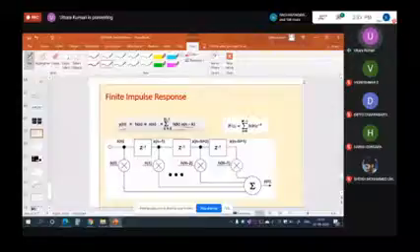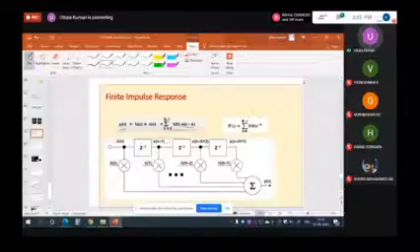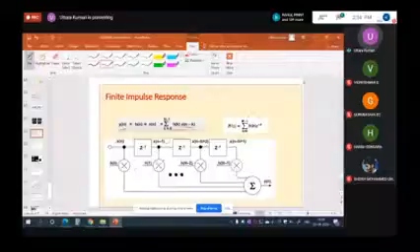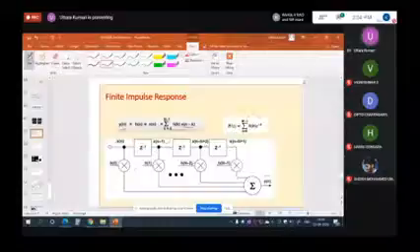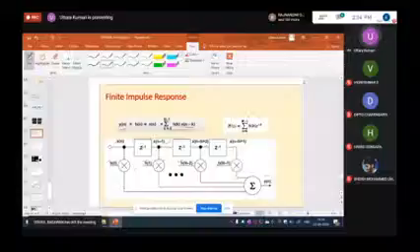Then x of n minus 1 passes through one z inverse term, giving x of n minus 1, x of n minus 2, and these are multiplied by different weights, h of 0, h of 1. When the same expression is implemented, you get this structure. This is an FIR filter structure, where we predefine these values from h of 0 to h of n.